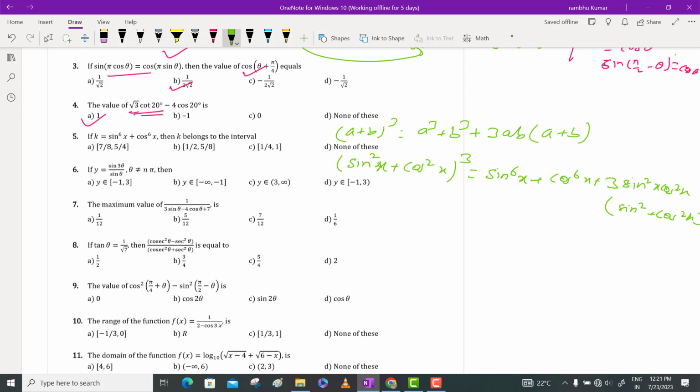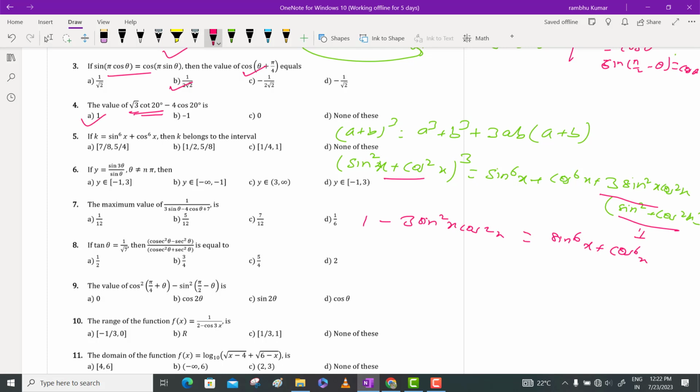Now if you see this one, from here this is nothing but equal to 1. So 1. Now take all these things to this side. This will also become 1. So 1 minus 3 sin square x cos square x becomes sin to the power 6 x plus cos to the power 6 x.